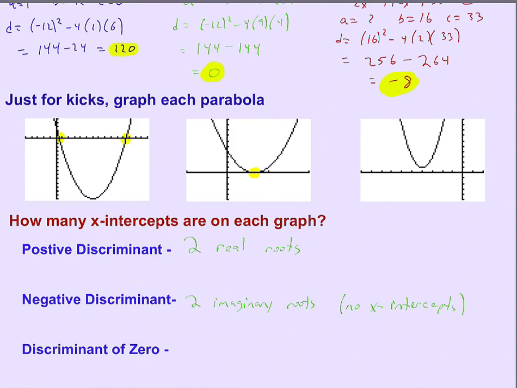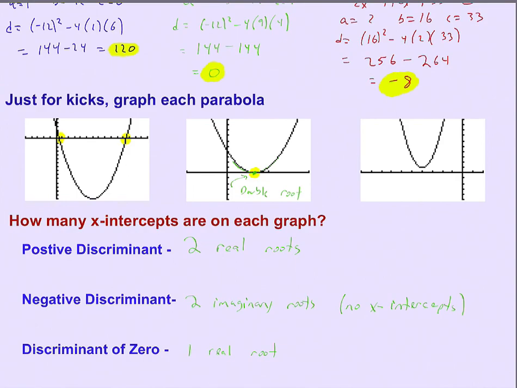And when the discriminant is 0, there is 1 real root, which, by the way, has a name. When the root is also the vertex, there's a name for that. It's called the double root. It's kind of like it's a root from both sides, from that side and from that side. It doesn't actually cross through.